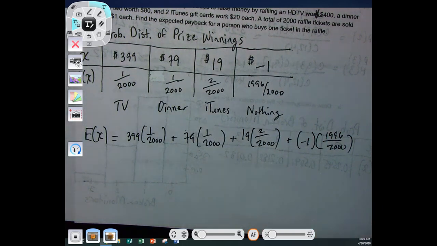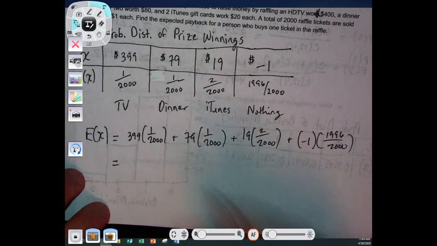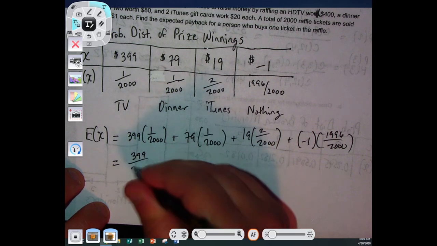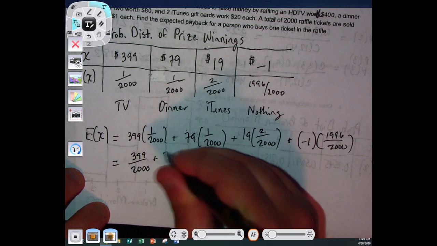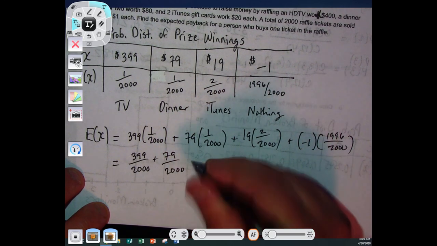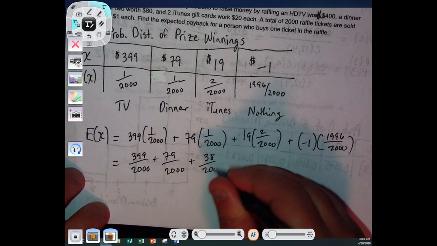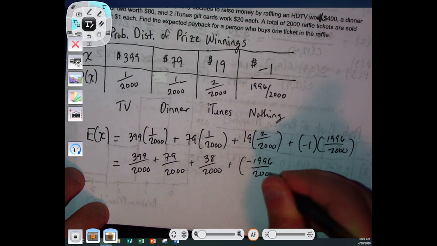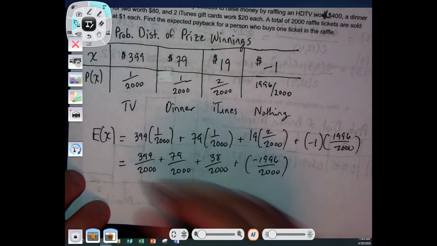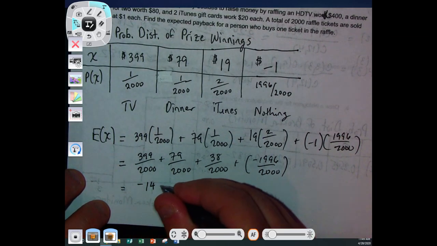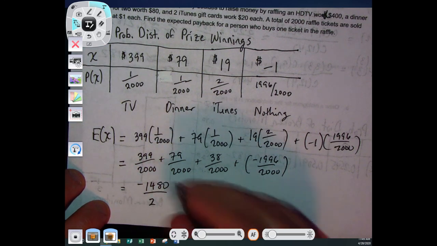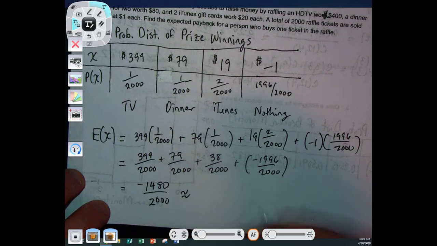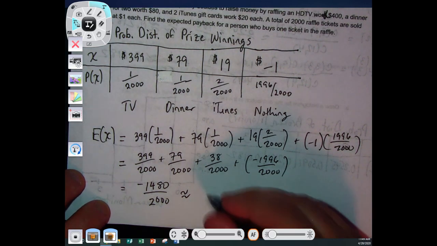So when I do all this calculation, we end up with 399 out of 2,000 plus 79 out of 2,000 plus 38 out of 2,000 plus negative 1996 out of 2,000. Well, we end up with negative 1480 out of 2,000, which is approximately equal to negative 74 cents.